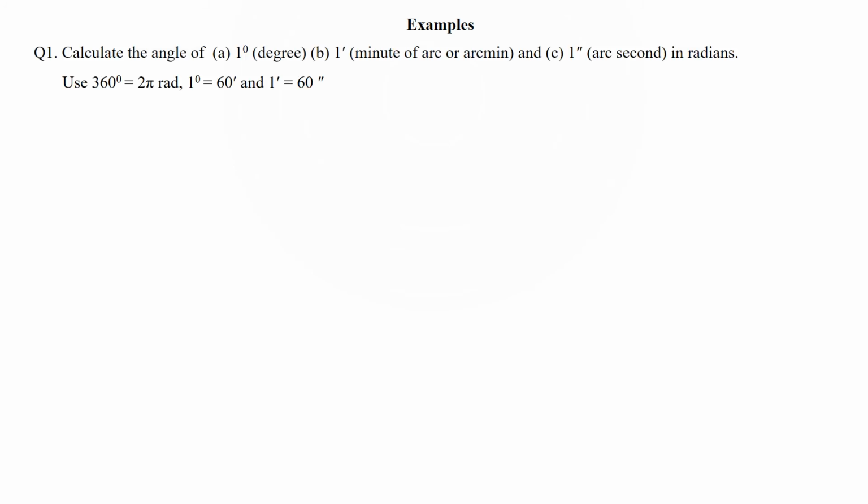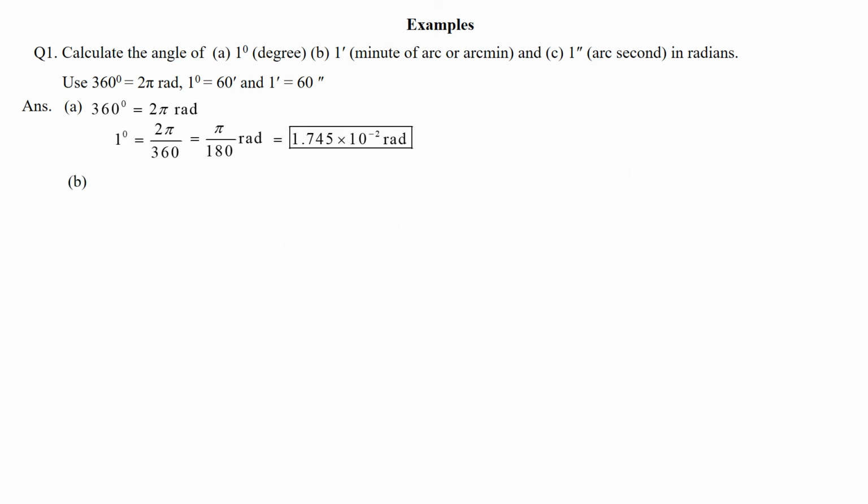Let us do a few examples. Calculate the angle of 1 degree, 1 minute of arc, and the third one, 1 arc second, in radians. Use 360 degrees equal to 2 pi radian, 1 degree is equal to 60 arcmin, and 1 arcmin is equal to 60 arc second. So 360 degrees equal to 2 pi radian, that means 1 degree is equal to 2 pi by 360, that is pi by 180 radian, that is 1.745 into 10 to the power of minus 2 radians.